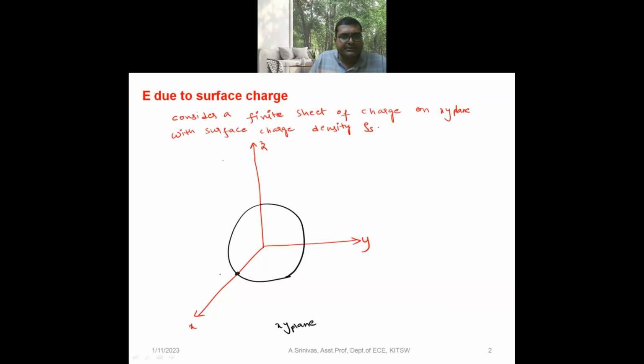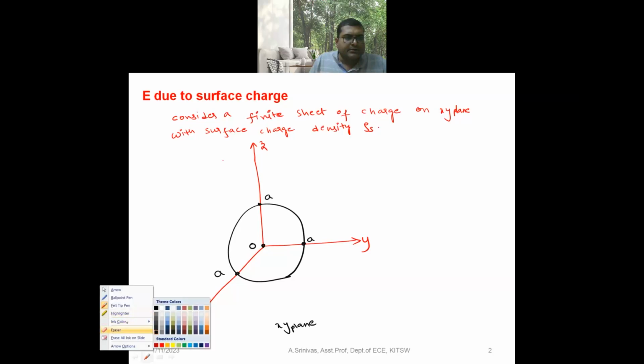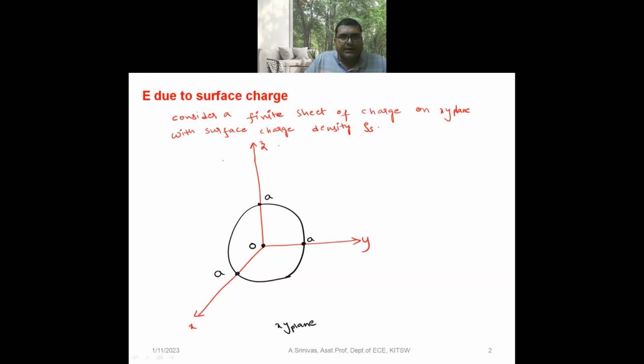The radius of the sheet is a, and this is the position of origin. What we require is, we are supposed to calculate the electric field intensity at a point P due to the sheet of charge.